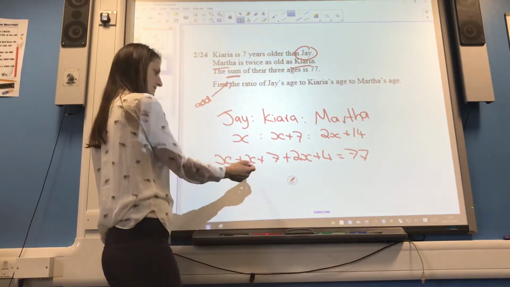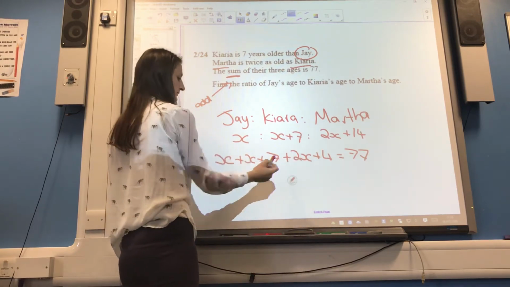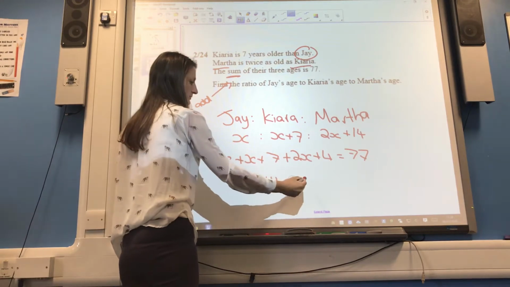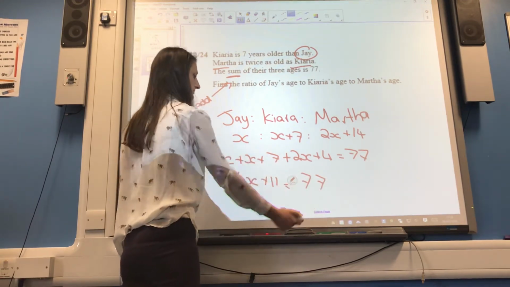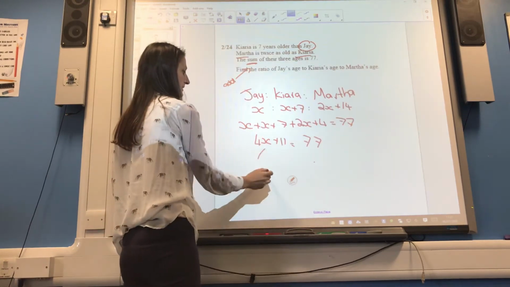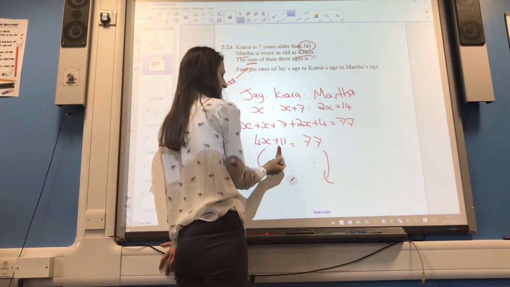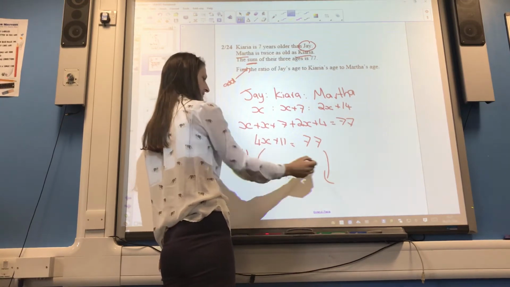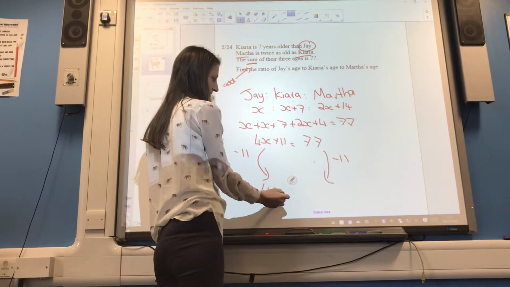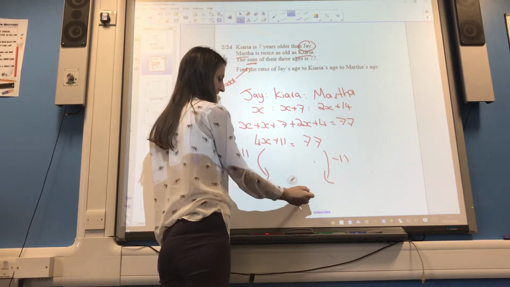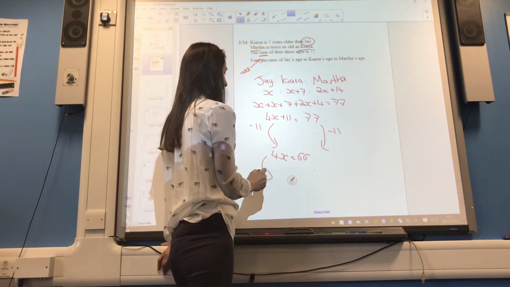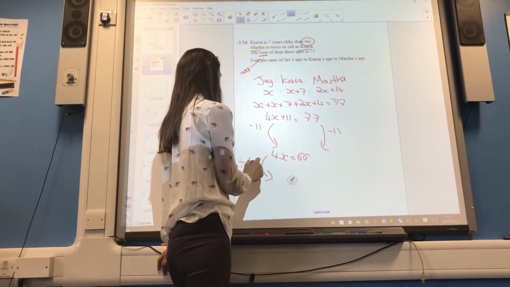If I add these together, I've got 4 X's, and then I've got 21 equals 77. And then from there, I just solve that like a normal equation. I would start by taking away from both sides, and then my very last step would be to divide by 4.